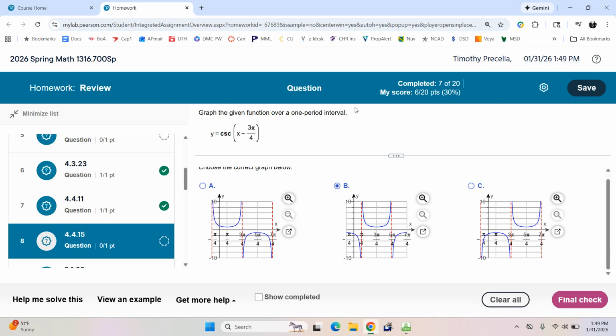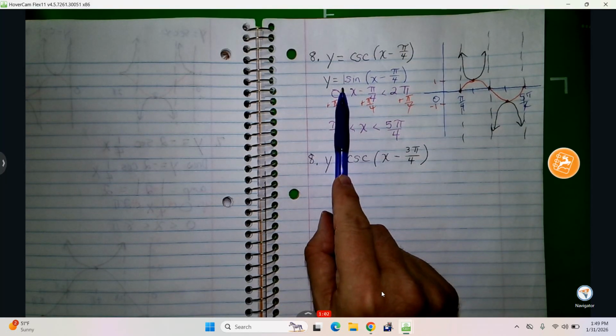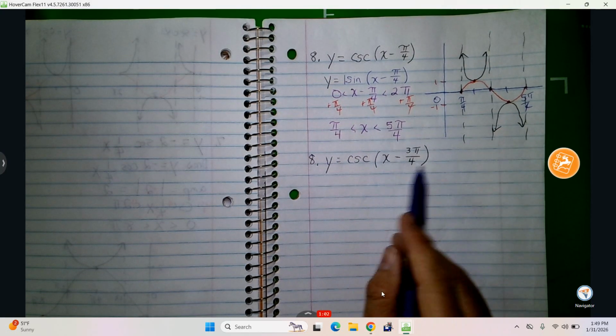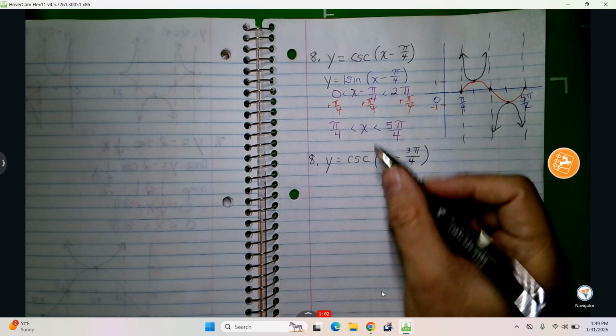It isn't changing the numbers like that. But here, it keeps changing my numbers. It's thinking that the teacher wants you to do another example. So let's go back through it. We're still graphing sine of x minus 3 pi over 4.